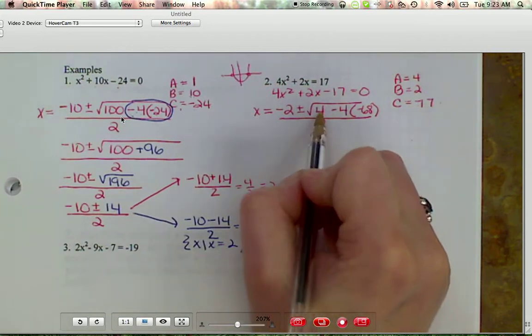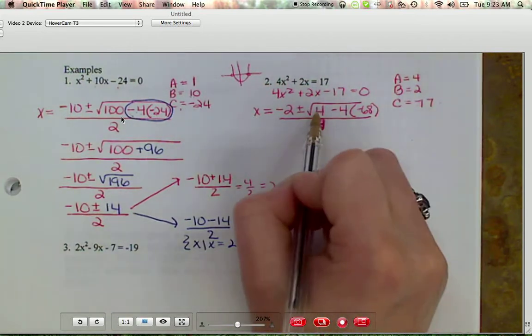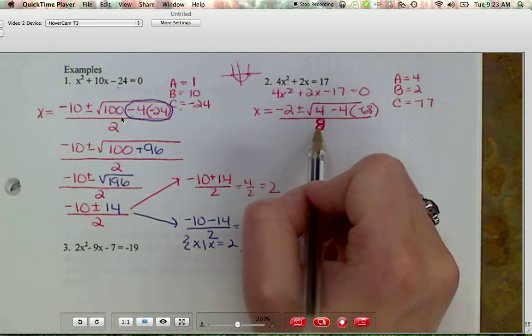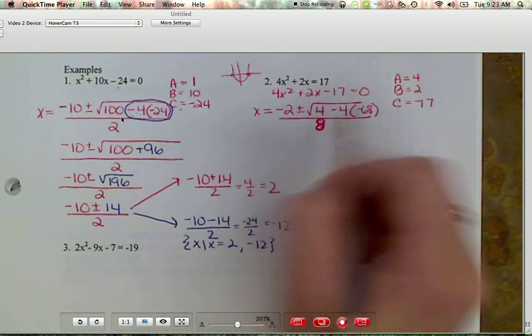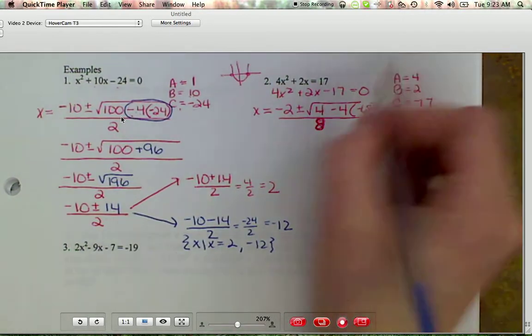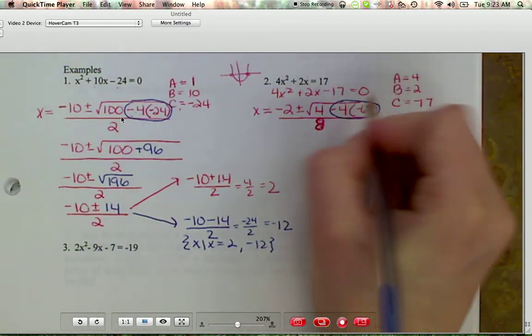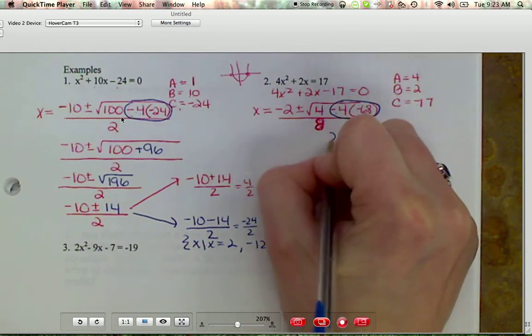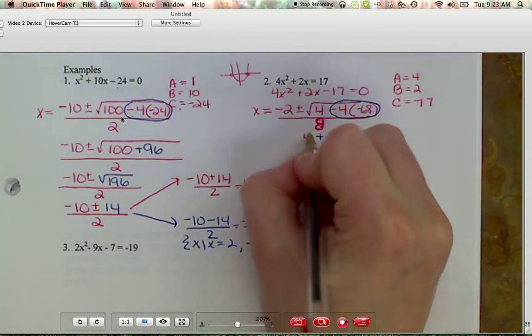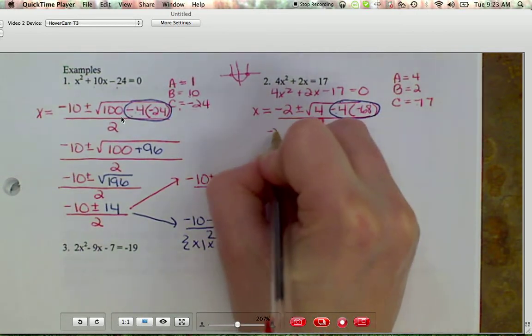So, b squared, 2 squared is 4. A times c is -68, and 2 times a, which is 4, is 8. When we multiply these two together, this time -4 times -68 gives us 272, positive. The rest stays the same.